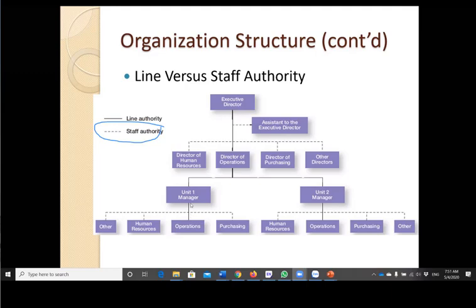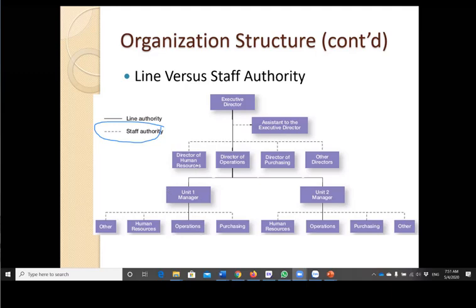Connecting the positions, and then you put the ones that supplement the main job, and connect them to the main job by a dotted or dashed line like this, right? So it doesn't mean that the director of human resources can give orders to the unit manager or the operation, right?